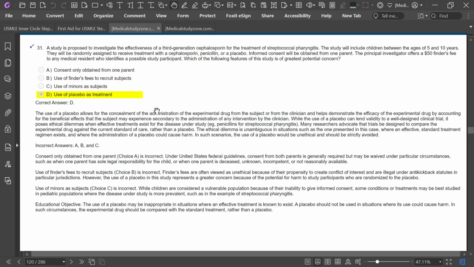While minors are considered a vulnerable population because of their inability to give informed consent, some conditions or treatments may be studied in the pediatric population where the disease under study is more prevalent, such as the example of strep pharyngitis.